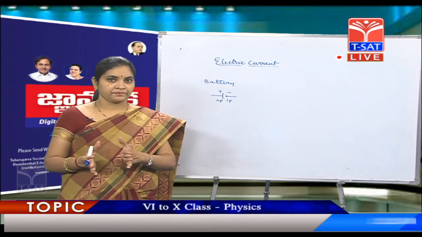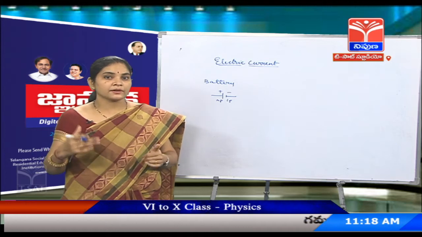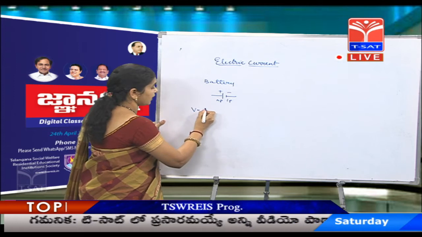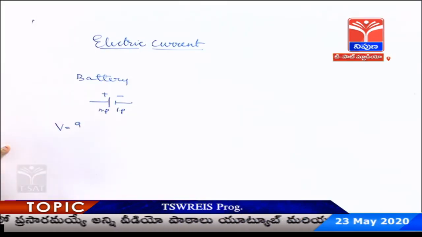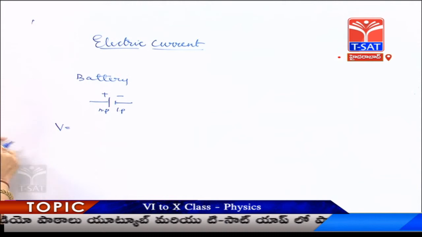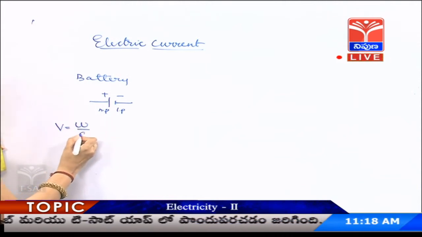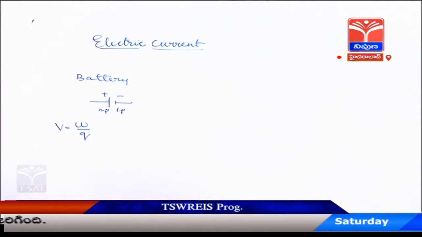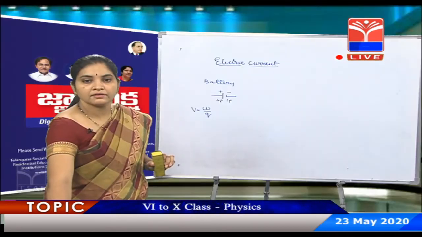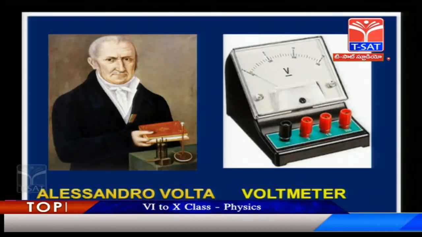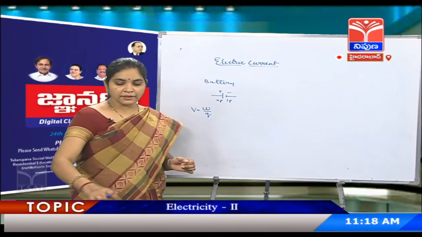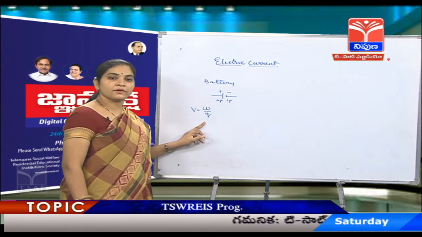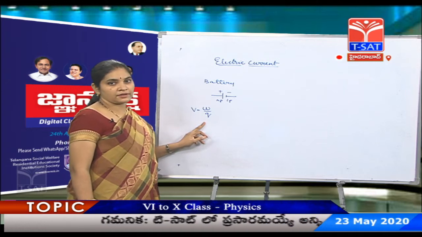By creating this potential difference across the wire, it exerts force on the charge and charges start flowing through the wire. Let us define electric potential. Electric potential is defined as the amount of work done to move a charge from one point to another point.